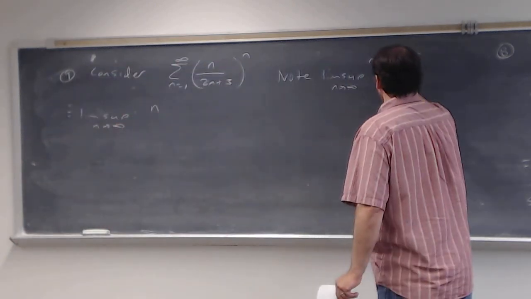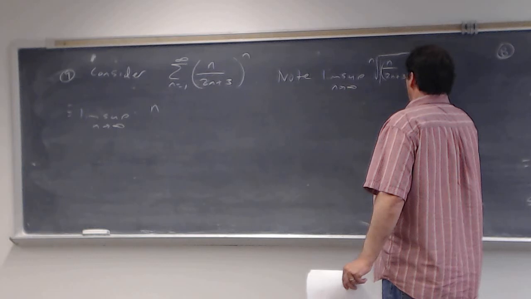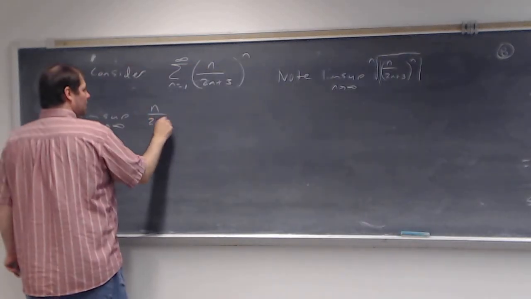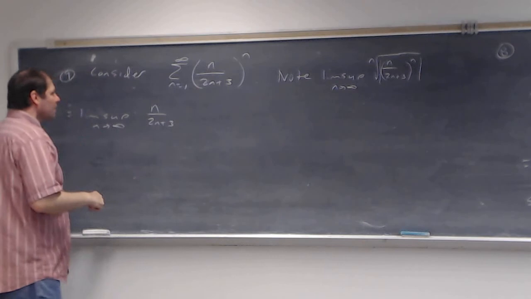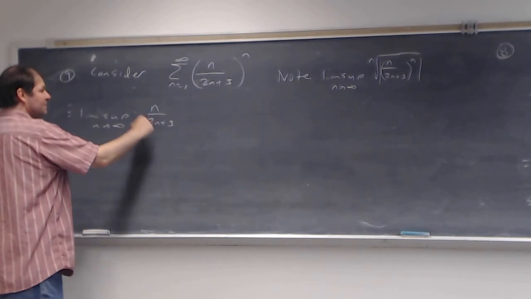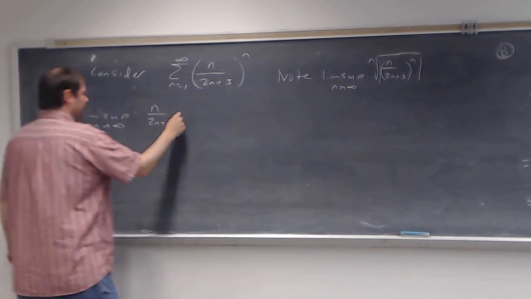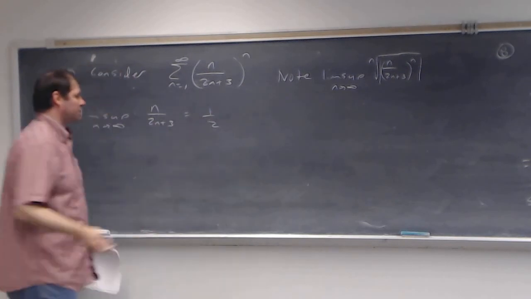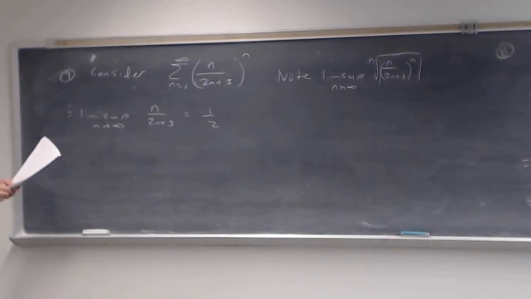This should have been in absolute values, but because everything's positive, we just get n over 2n plus 3. Now, the lim sup of this is really the same thing as the limit of this, and this is going to be equal to 1/2. You can use L'Hopital's rule to get that.